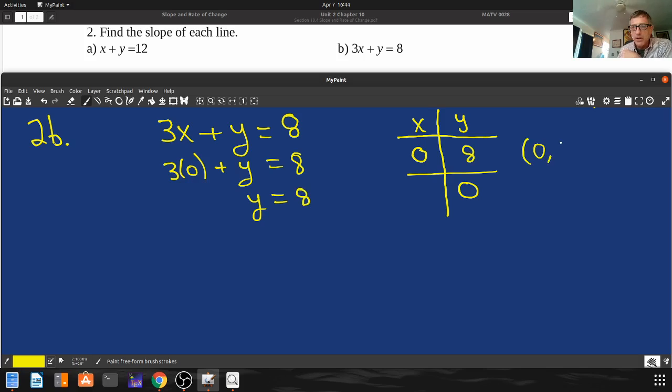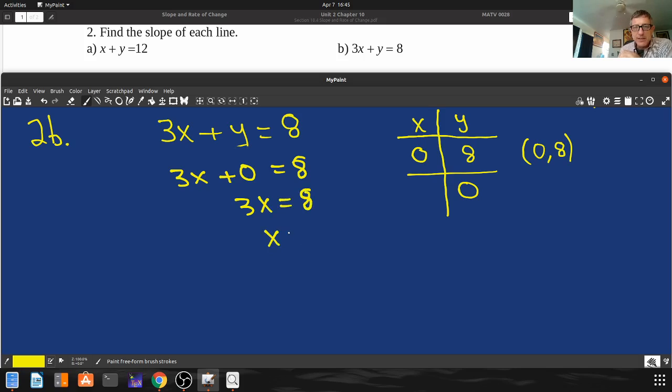0, 8. The next thing I'm going to do is I'm going to let y be equal to 0. Oh, wow. That's 3x. So that gives me 3x is equal to 8.